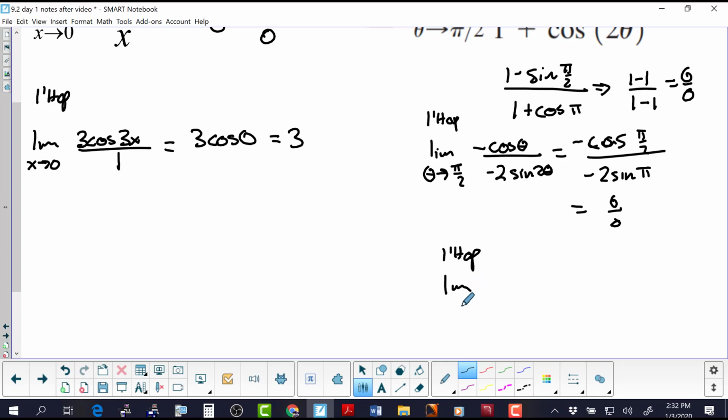We have the limit as theta approaches pi over 2 of sine of theta over negative 4 cosine of 2 theta. I just took the derivative of the top and the bottom here.